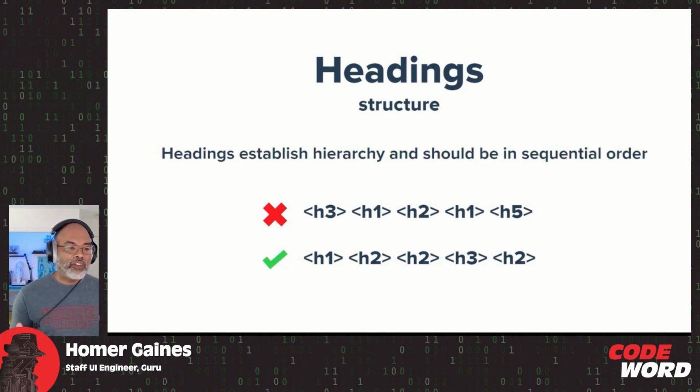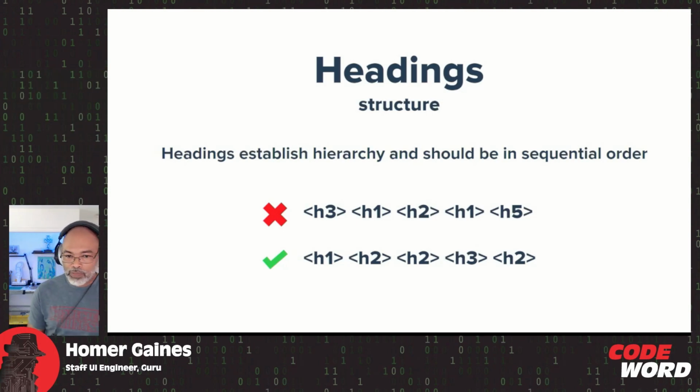So if you see content that has an H3, an H1, an H2, another H1, and an H5, you know right now that the heading structure is incorrect. If someone were traversing those headings using a screen reader, they would be bouncing all over the place because the headings are not in sequential order. So it's best to have them in sequential order.